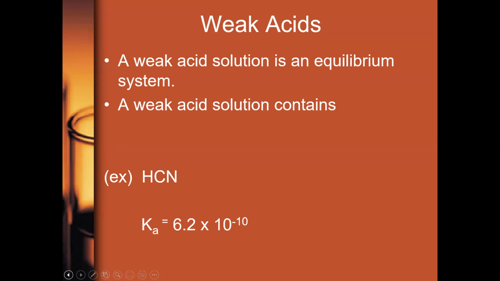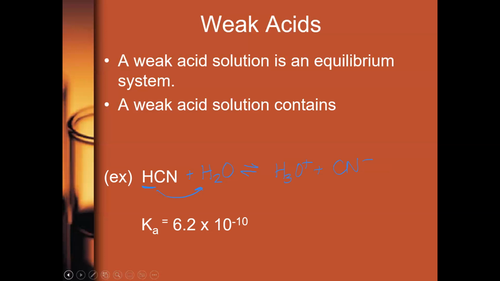So looking at hydrocyanic acid, which is not on our strong acid list. At equilibrium, remember, we're always putting the acid in water. Since this is an acid, remember, it loses that hydrogen. So the hydrogen goes over to pair up with the water to make hydronium ions, and then leaves behind the cyanide ions.